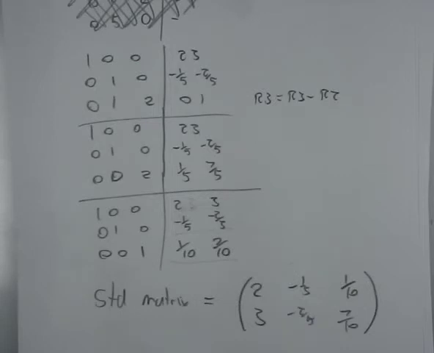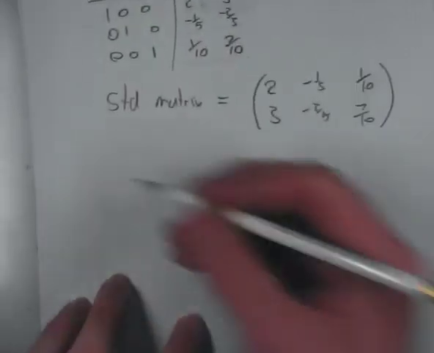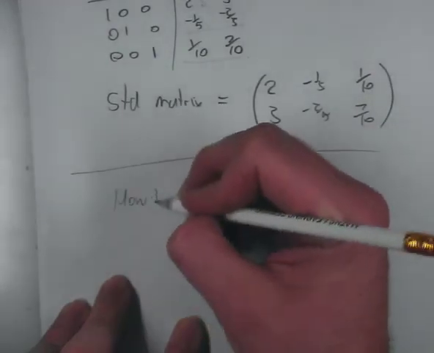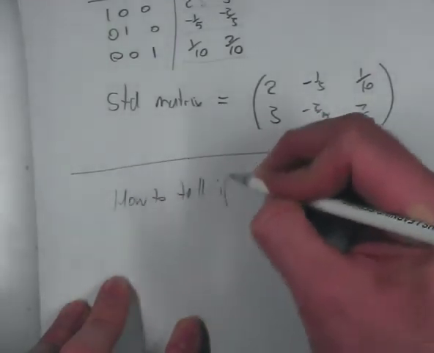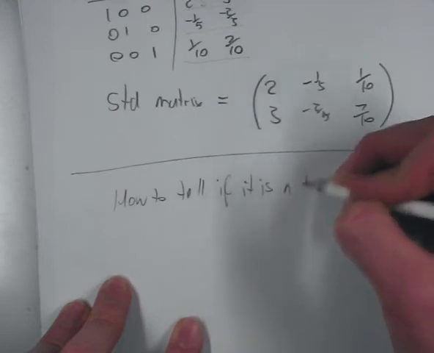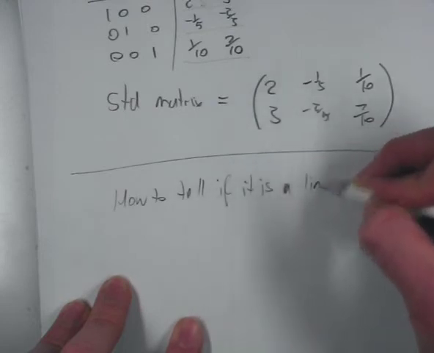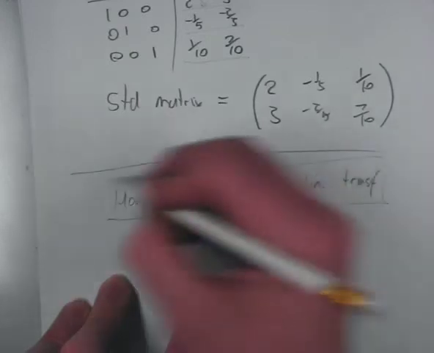Wow. Okay. Yes? Is there any way to quickly tell by just looking at it whether a function is a linear transformation or not? Is it just if it has squares in it? Pretty much. So that's a good question, how to tell if it's a linear transformation.